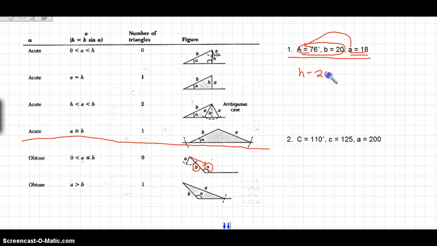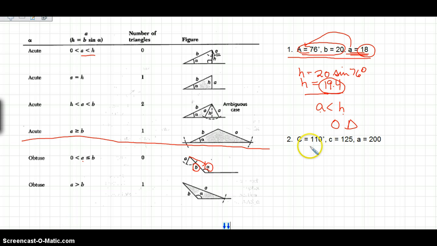So I'm going to take 20 times the sine of 76 degrees. And when I multiply that out, I get 19.4. Then in comparing the H and the A value, A is 18, H is 19.4, A is less than H, 18 is less than 19.4. If A is less than H, no triangles can be formed, so 0 triangles.